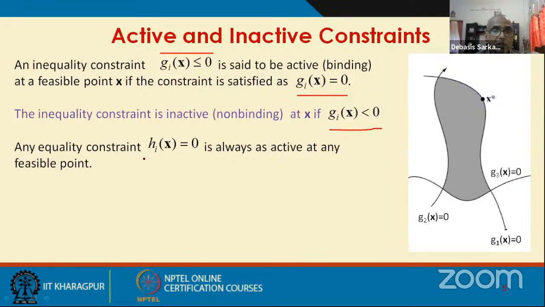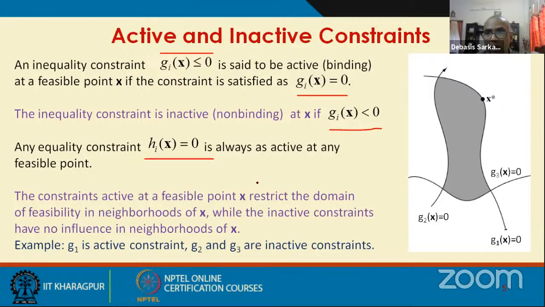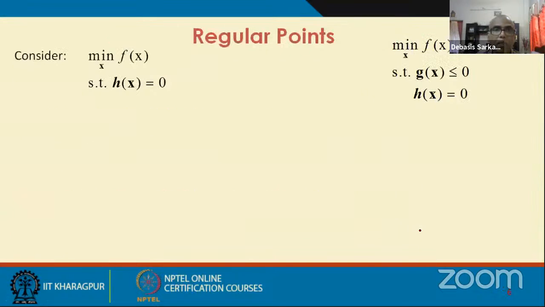Following this definition, equality constraints are always active at any feasible point. If you look at this figure, at the candidate optimal point, only G1 is active, while the others represent inactive constraints.